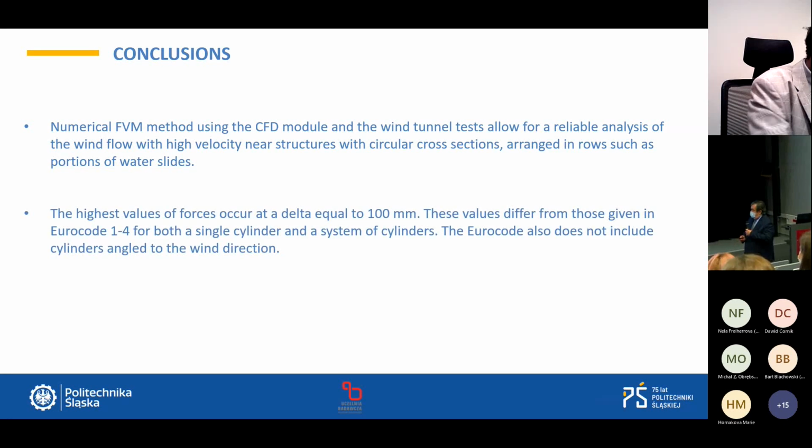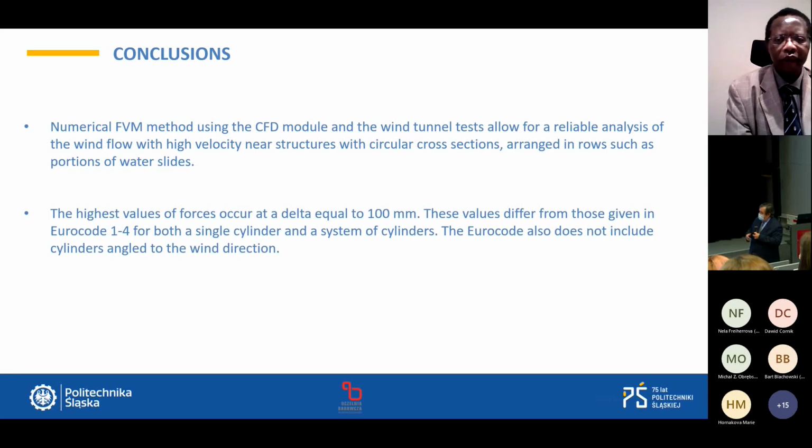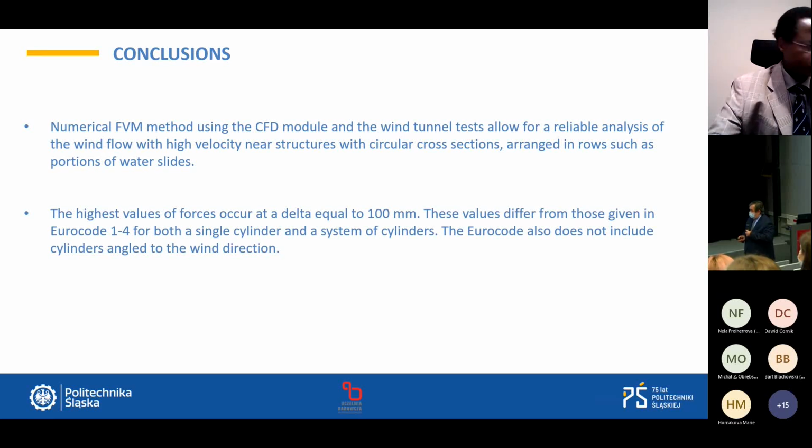And the highest value of the forces occurs at a delta equal to 1,000 millimeters. They observed also that due to the wind, there was a suction between the pipes, and those values differ significantly from the values given by Eurocode.